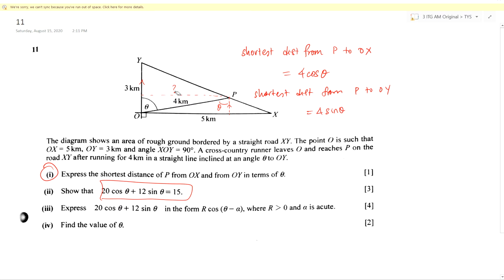Here we have 4 sine of theta, and this is 4 cosine of theta. We notice that this OXY is a right angle triangle, and we see that the right hand side has a value of 15, the left hand side has a value of 12 and a value of 20.